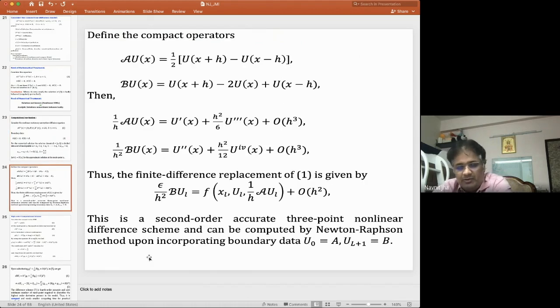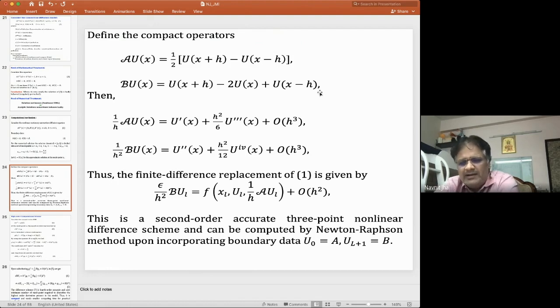Now I am going to define two operators, curly A and curly B. A is defined as half of u(x plus h) minus u(x minus h), and B u(x) is u(x plus h) minus twice u(x) plus u(x minus h).